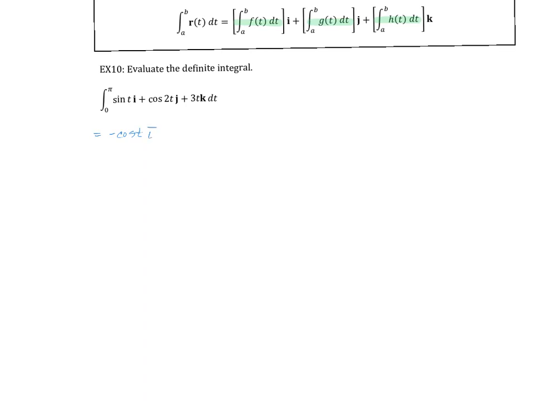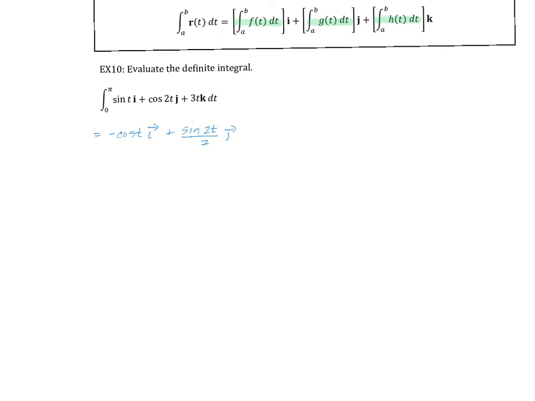But it's the i component. And then the integral or antiderivative for cosine of 2t is going to be sine of 2t divided by 2. So plus sine 2t divided by 2.